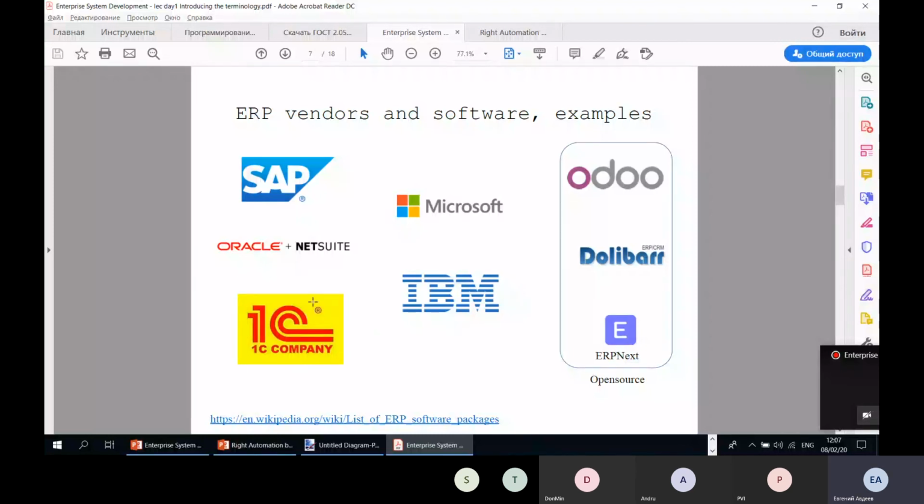And here are also names of companies. They have different products, and you can buy some modules, some of their production, to automate your process.